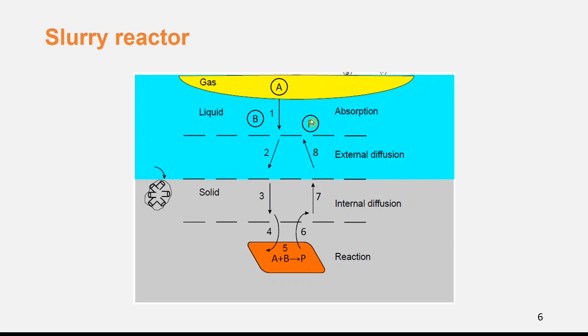I hope you all remember this from before. Now, we want to analyze the rates of these different steps. If we know all of their rates, then we can identify the slowest one, and that will be the rate of overall reaction.